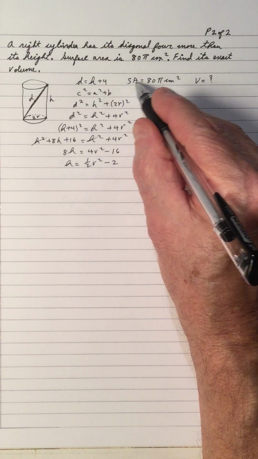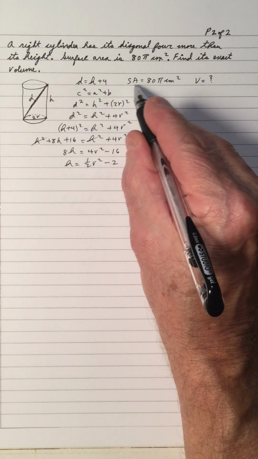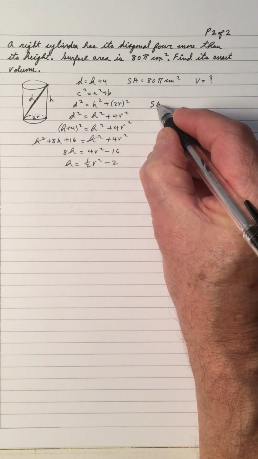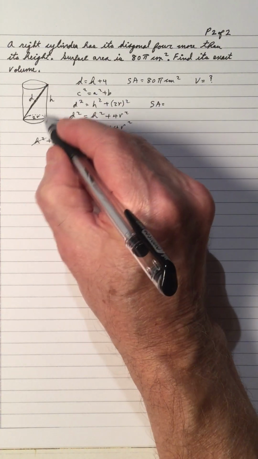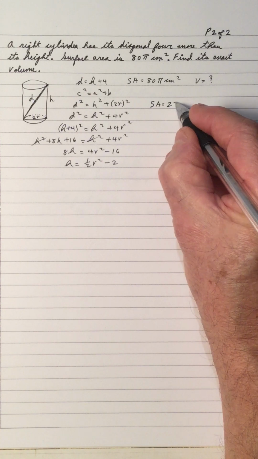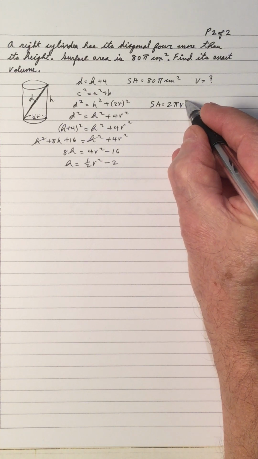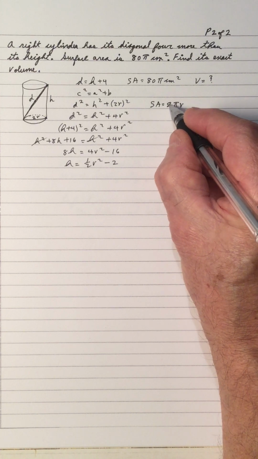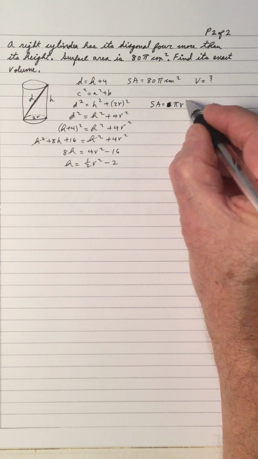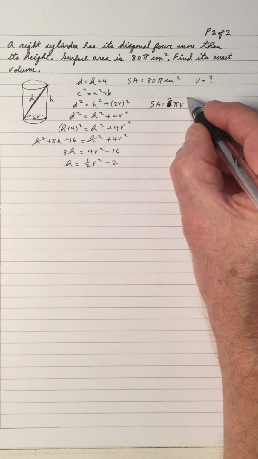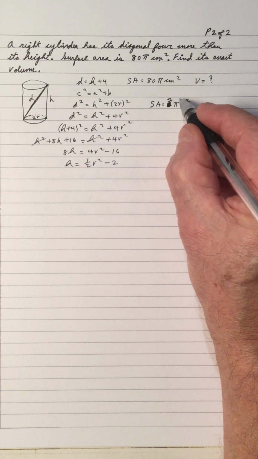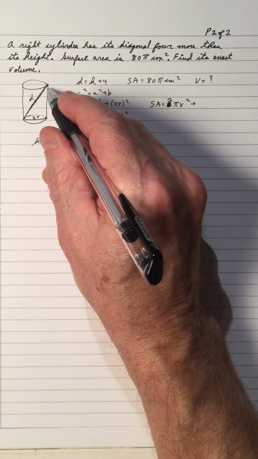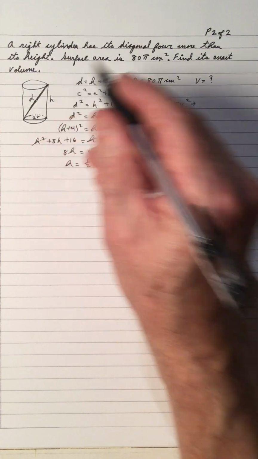But we have a surface area. The surface area of a cylinder is 2 bases, 2 circles, so that's 2 pi r squared, plus the lateral area.